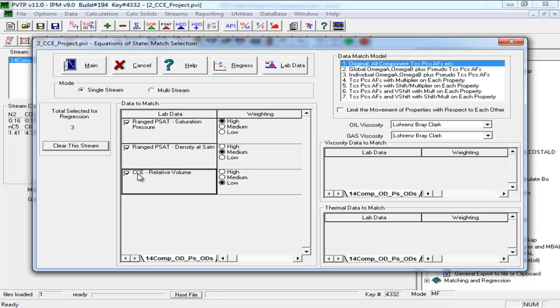We finished saturation pressure matching in a saturation pressure project, and now we are talking about CCE. So when we match CCE, we need to keep those matched. However, we found that the equation of state is already able to produce CCE data with acceptable average error. So we don't need to match relative volume.